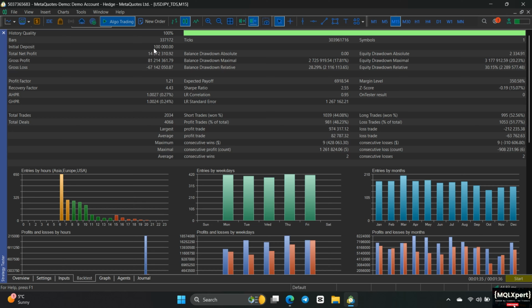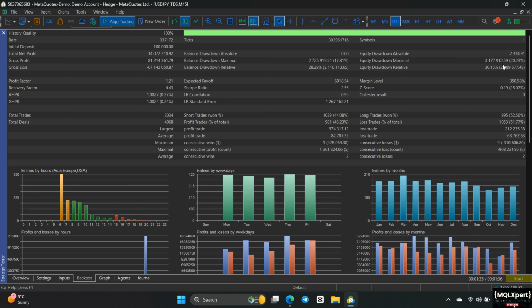We started with a $100,000 account, like you would with an FTMO account or something like that. We had a total net profit of 14 million over the last 13 years. Our gross profit was 81.25 million, and then our gross loss was minus 67 million, which leaves us a total of 14 million.